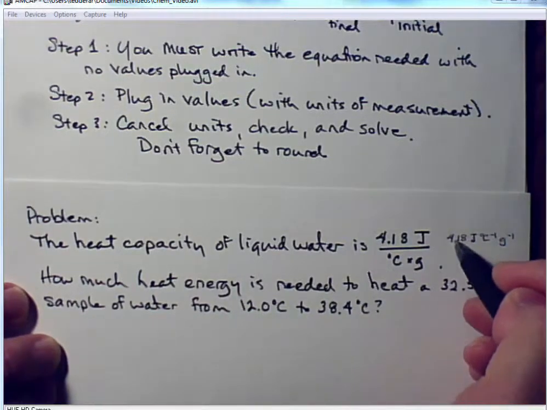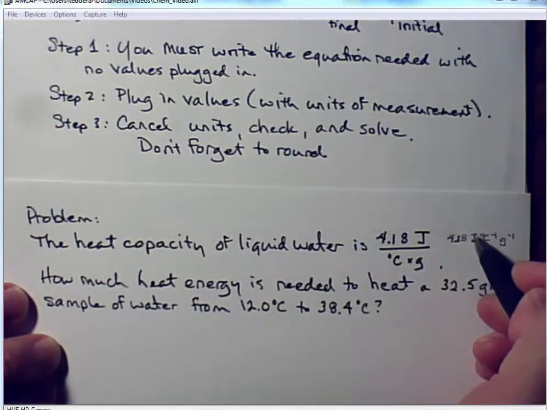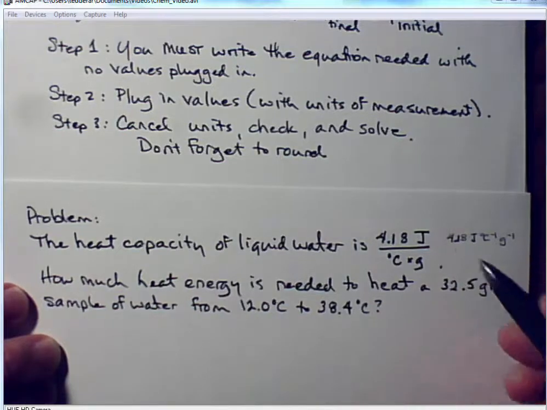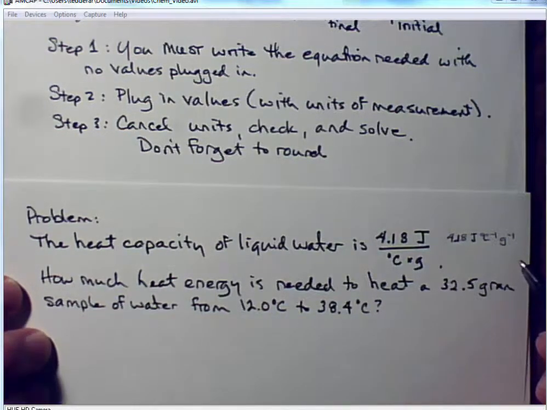When you have a number written like this, the -1 in that superscript position means that goes in the bottom of the fraction. Like, 10 to the -1 is a tenth.